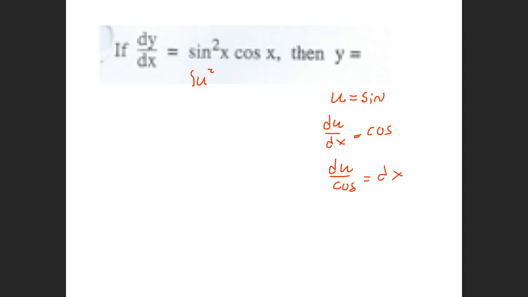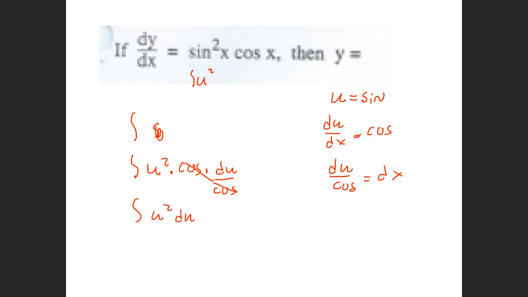If I plug this back in, I end up with the integral of U squared times cosine of x times du over cosine. And lo and behold, that crosses off. So now I'm left with U squared du.